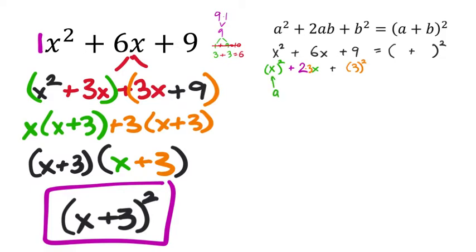So where I see the a in this perfect square trinomial formula, I can put an x. And then I can also see that the b value here is just a 3. So where I see the b in this formula, I can put in a 3, which is what we found before. So x plus 3 squared, same answer, different method.